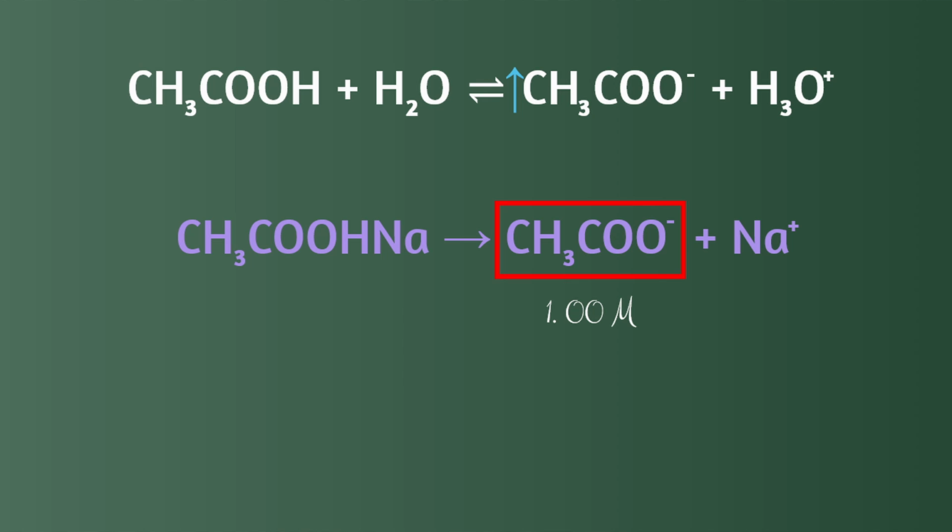Now let's add enough of the salt to make a 1 molar solution. So we know how much acid and how much acetate there are. But the important thing is the pH, and to determine that we need to know how many protons there are. Don't worry, an ICE box will take care of everything and will help us keep track of everything.